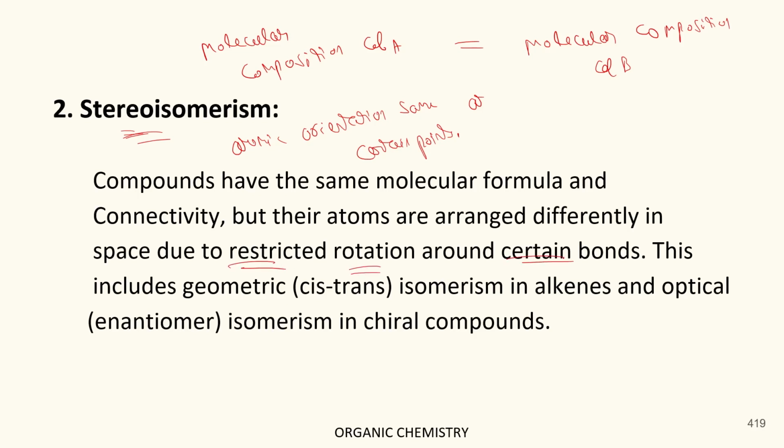But there is restricted rotation around certain bonds, so only certain bonds have some restricted rotation. So the molecular orientation of A differs from that of B because of this restricted rotation around certain bonds.